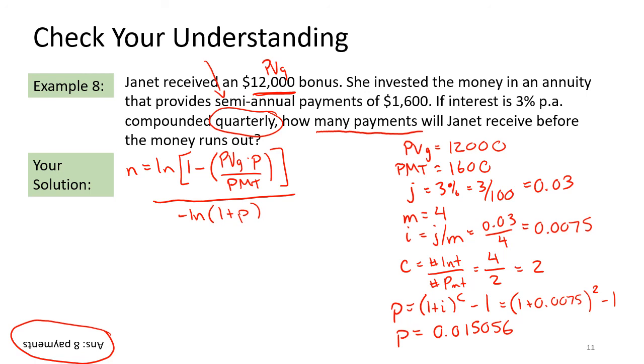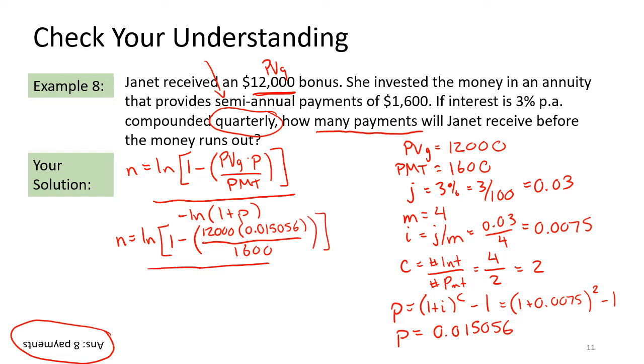So substituting all of these values, n is equal to the ln of 1 minus our present value, 12,000, times our equivalent interest rate, 0.015056, divided by our payments, which were 1,600.